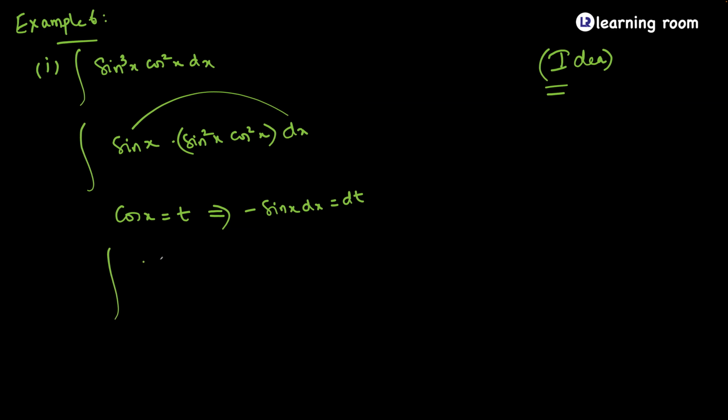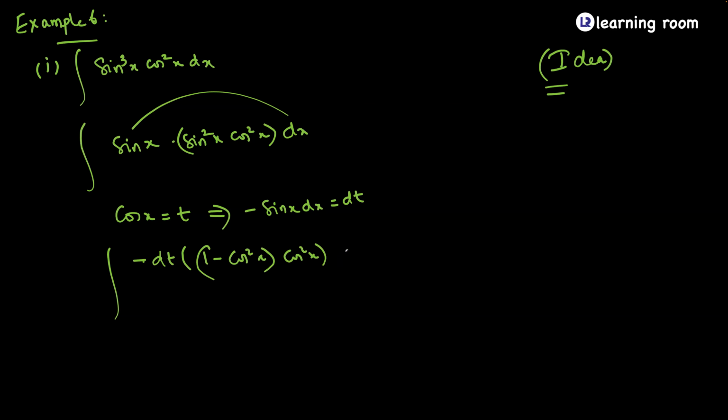So it is minus dt into sine square x. What am I supposed to do? Since I have cos x as t, sine square x is written as 1 minus cos square x into you have cos square x dx. Sorry, dx is gone.